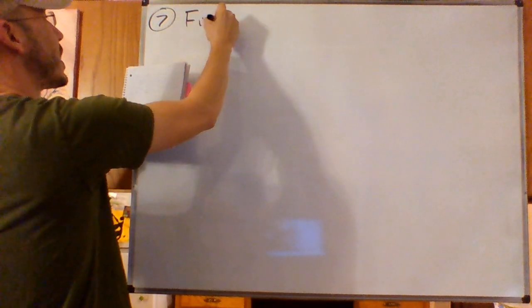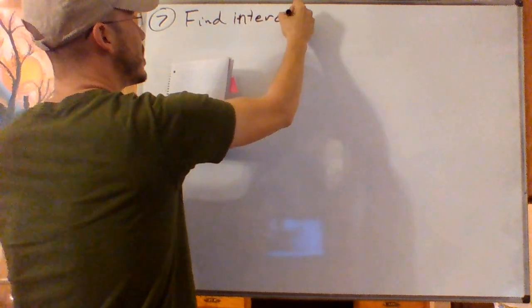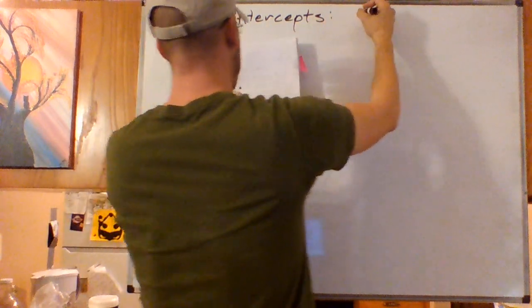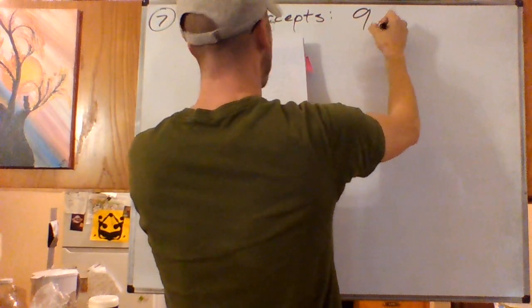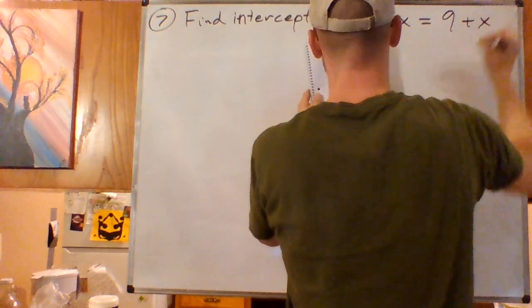The next one, number 7, is again to find intercepts. This time for 9y plus x equals 9 plus x.